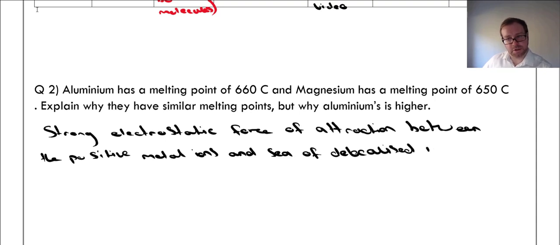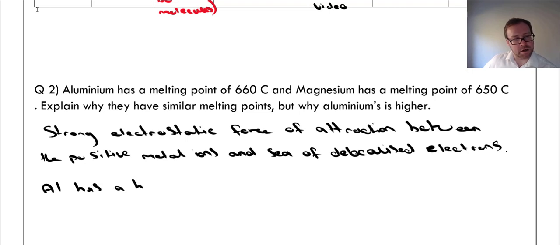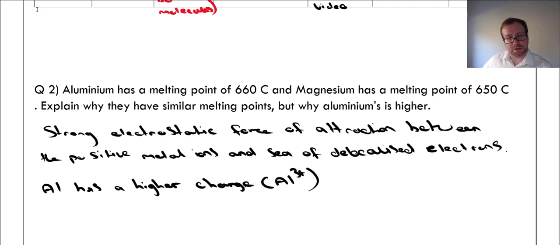Again, I've just used my definition and I stuck the word strong in front of it. Okay, but we have to describe why aluminium has a higher melting point than magnesium. Well, aluminium, Al, has a higher or greater charge compared to magnesium. So it's Al3+.